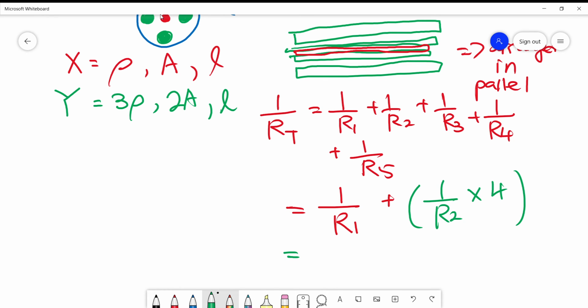So the final result is 1 over R1 plus 4 over R2. So this is 1 over RT.